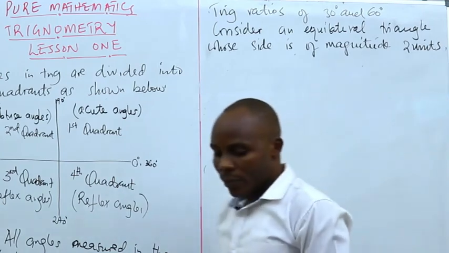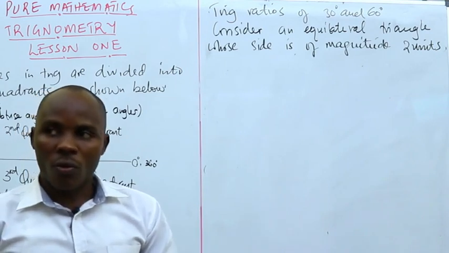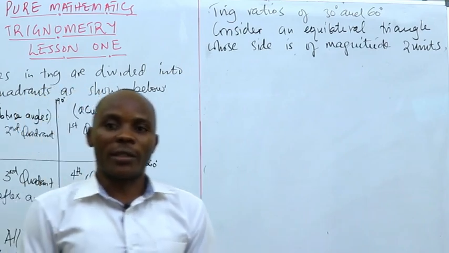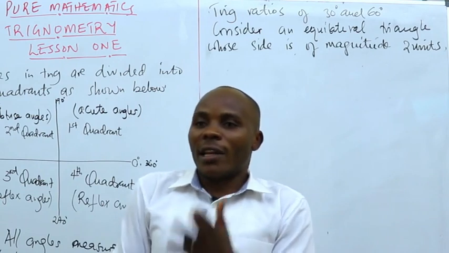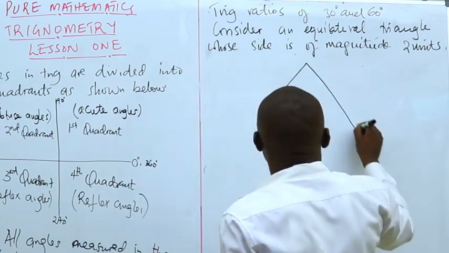All of us know what equilateral triangles are. They have some unique features, among which all their sides are equal. So if all their sides are equal, we have something like this.